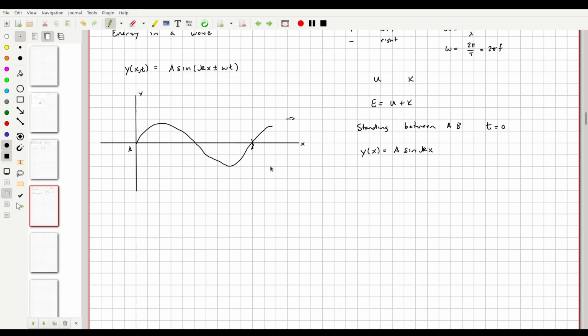But I want to start with the potential energy first. Now, like I said, we can treat this like it's a spring. And the potential energy in a spring that vibrates along the y direction would look like 1/2 k times y squared instead of x squared. The issue that you have here is that k specifically refers to springs.